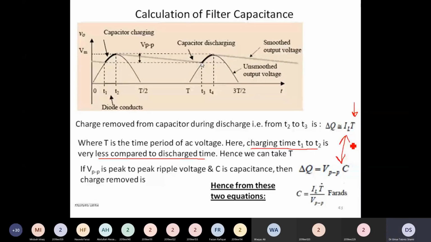C is equal to IL into time T divided by V peak-to-peak, and the unit is farads. So this slide demonstrates how to find the capacitance value.